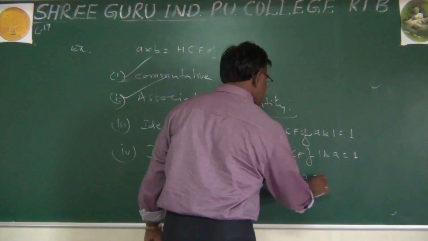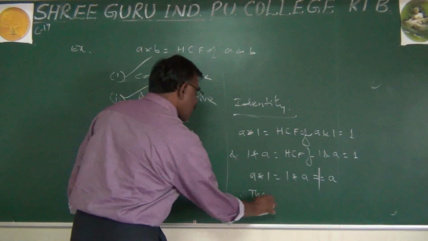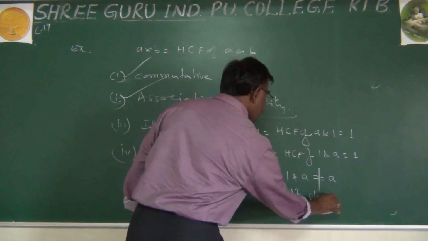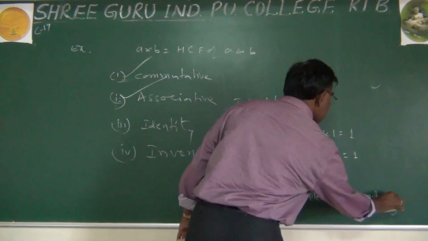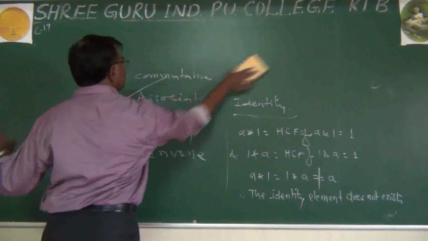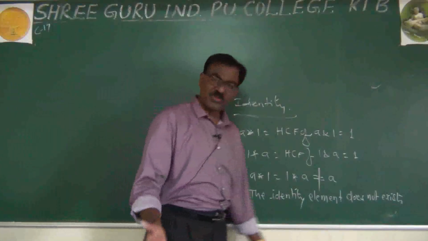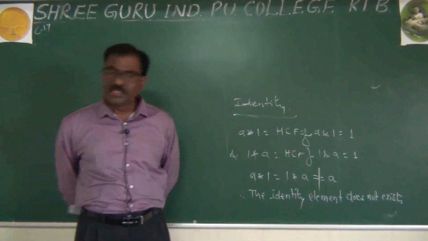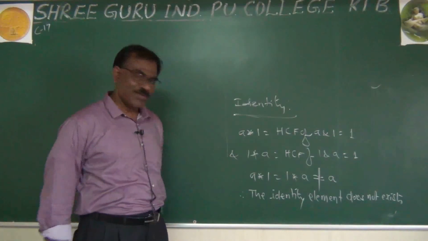So this is not equal to A. Therefore, the identity element does not exist. Is there an inverse? No, the inverse also does not exist, because with no identity, invertibility is not possible. Okay, followed up? Yes.